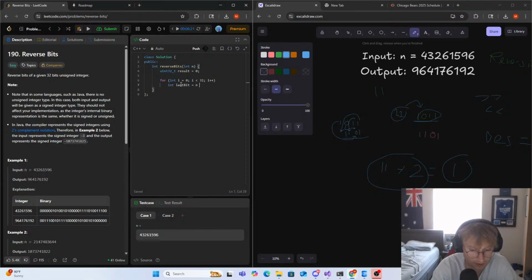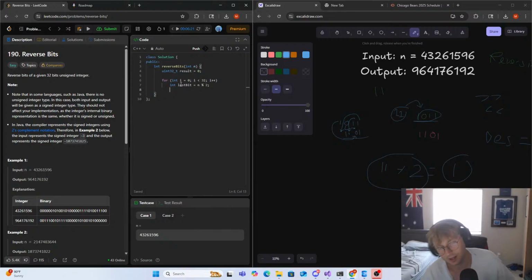Last bit is equal to n%2, right? So we grab our last bit. Now what do we want to do? I feel like somehow we're going to have to maybe left... See, I don't know what to do here. I feel like we're working just with n here.